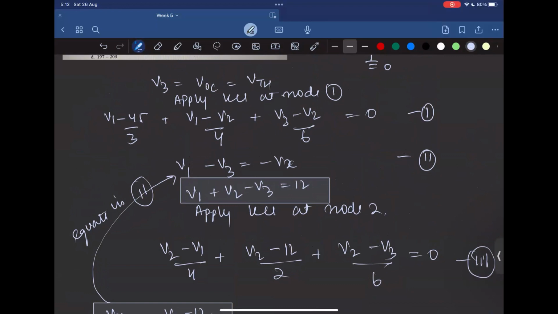It's coming out to be a different value. I'll give you one more try. Let me solve it again, just so that I'm also clear.